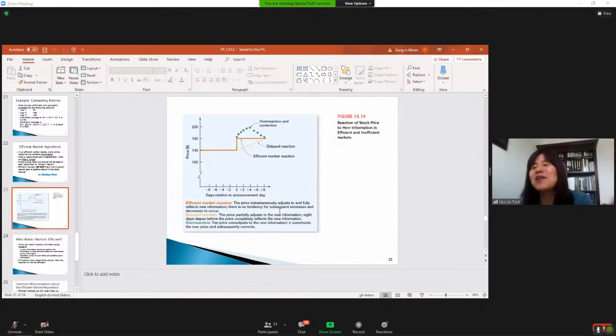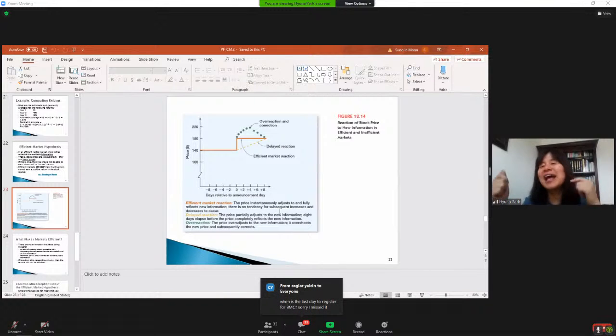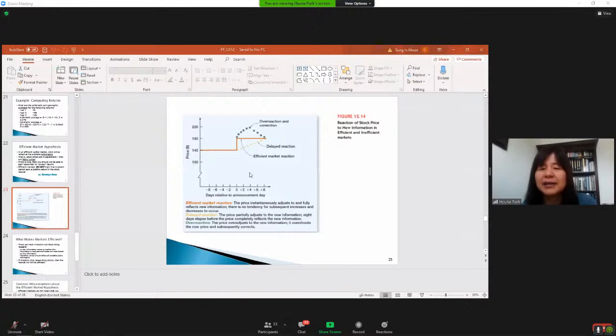This concept will come back. The efficient market hypothesis is a $1 trillion question: index fund, the S&P 500 index, versus stock picking. That kind of important question is answered by the efficient market hypothesis. So we are running out of time.